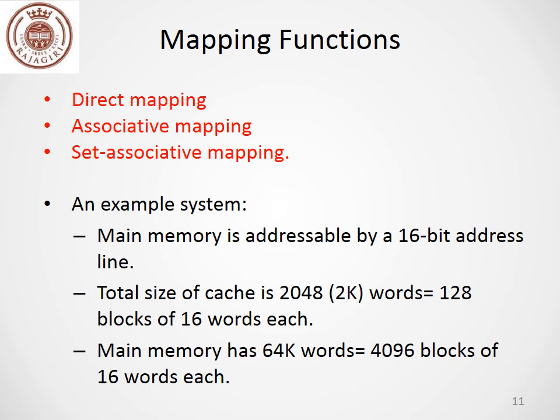That is, there will be 128 blocks and each block will contain 16 words. And the main memory of this example system will have 64K words, that is 4096 blocks of 16 words each. That is, each block in the main memory will contain 16 words. So from this example itself we can understand that the cache is much smaller compared to the main memory.